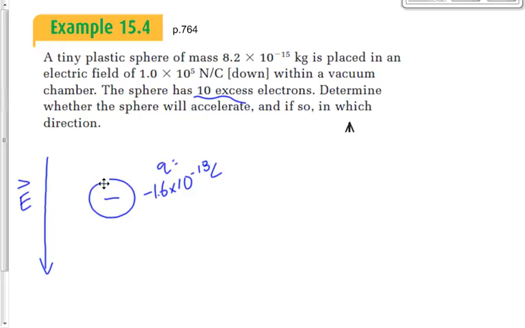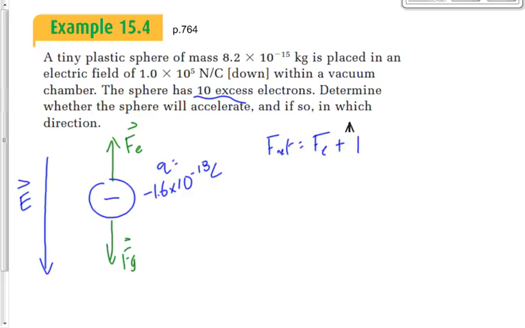If it's a negative particle in a downward field, the electric force has to point which way? Negative particle, downward field. The electric force points upwards, opposite to the direction of the field for a negative particle. Gravity points downwards. So let's say F net equals FE plus FG.